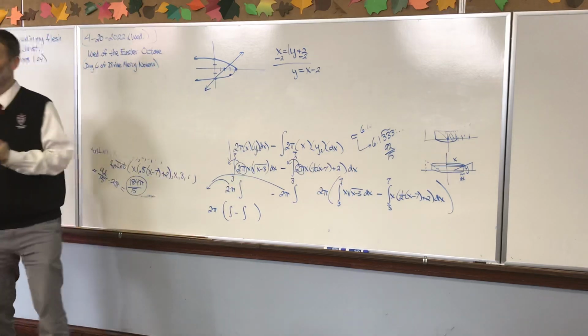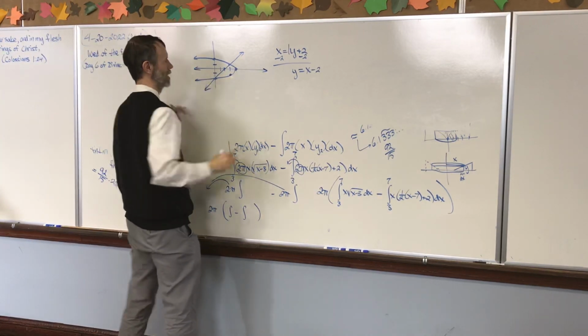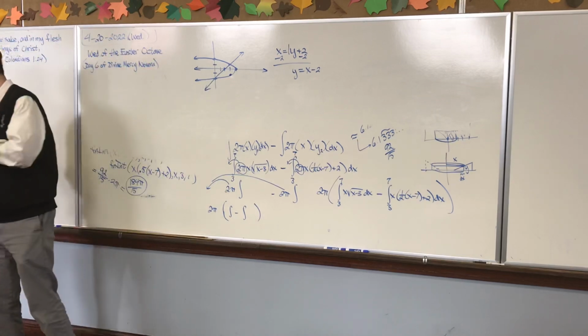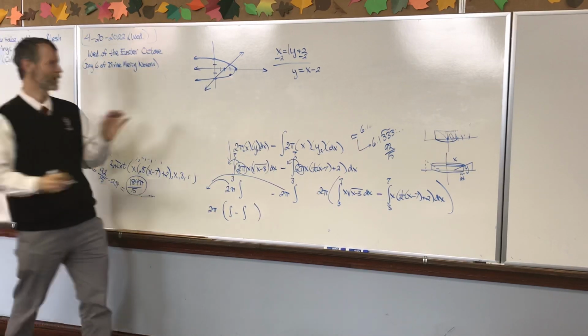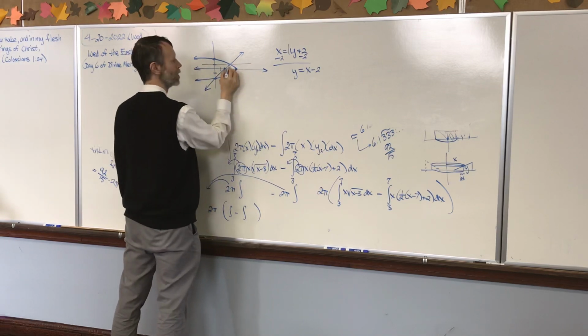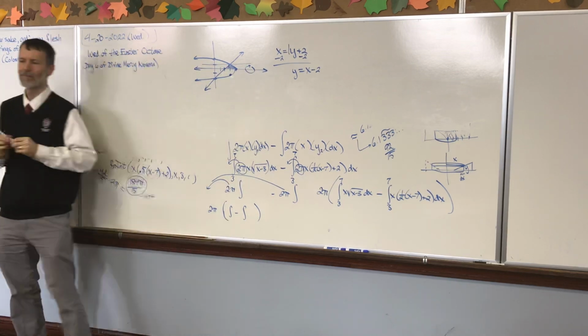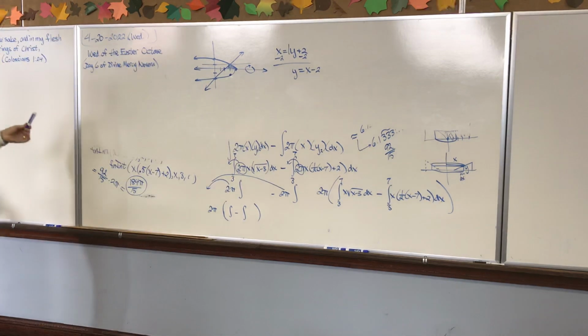What they want is the region that's trapped between this, and the line, I think it's y equals 0. Yeah, and y equals 1. They're looking for this region, spinning around the x-axis. How do you do that?